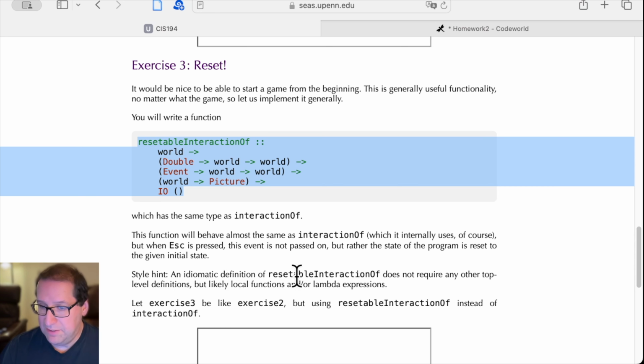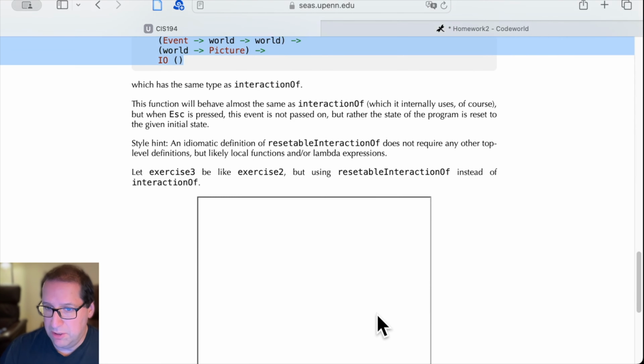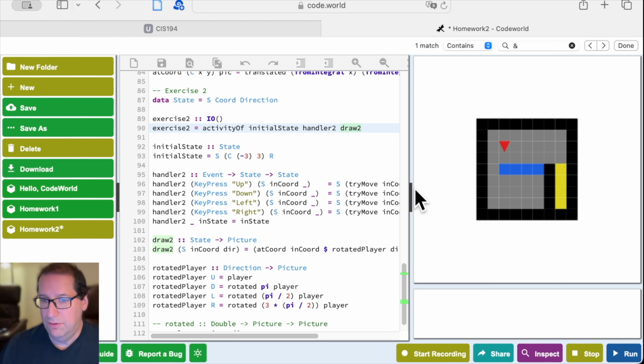An idiomatic definition does not require any other top-level definitions, but likely local functions and/or lambda expressions. Let it be like exercise 2, but using resettable instead of the default version.